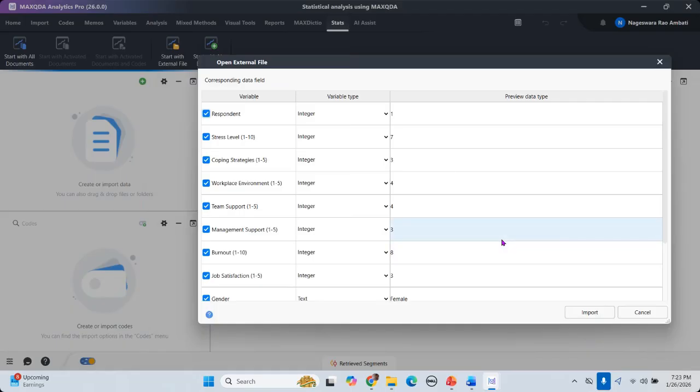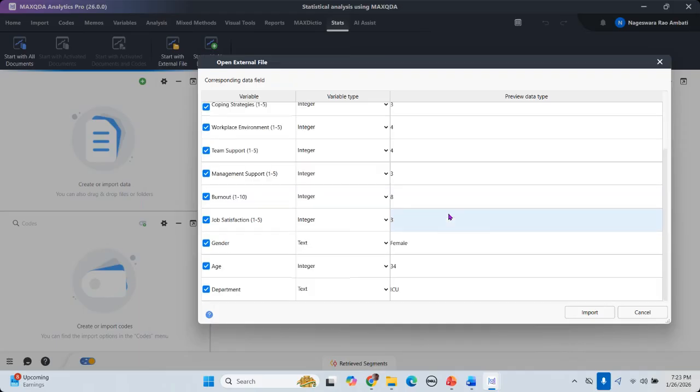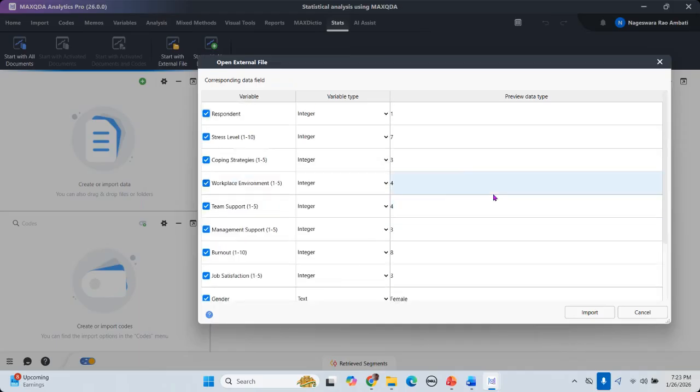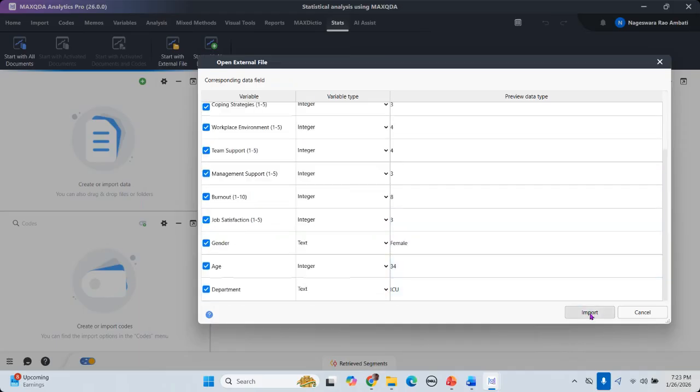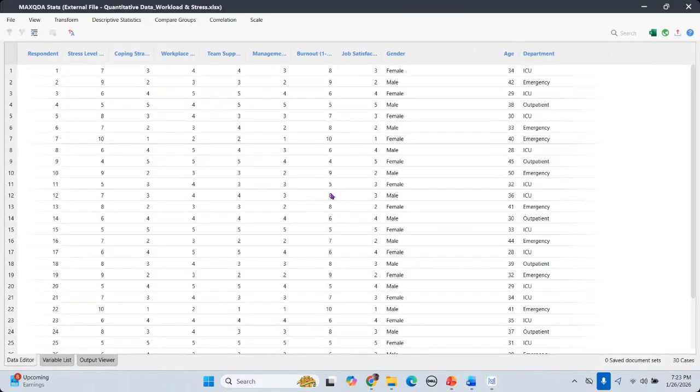As I mentioned on day 2, one can import SPSS and Excel files into MAXQDA. It shows the preview of the file we are trying to import. Just click on import, and it opens the entire data.